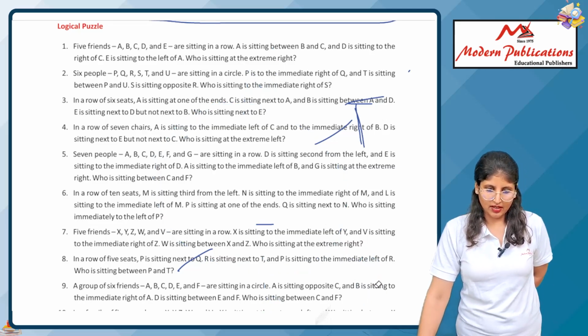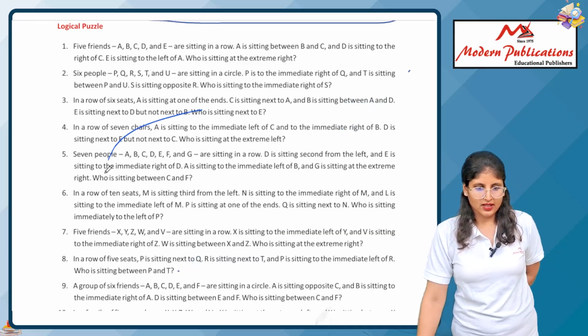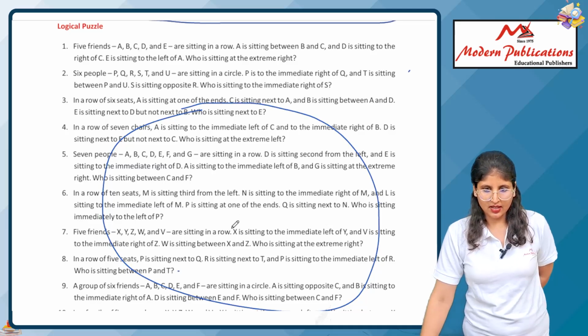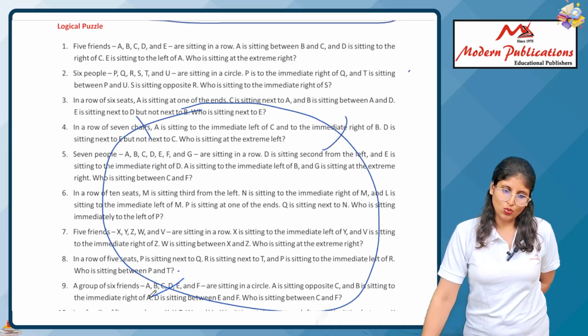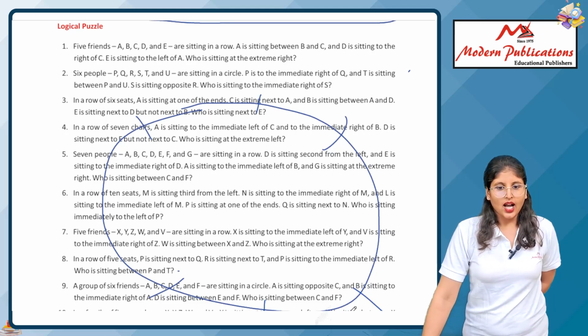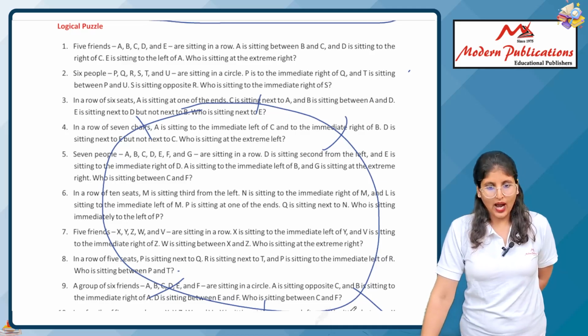Here we will make a circle like this. 6 persons are there, so we will write 1, 2, 3, 4, 5 and 6. P, Q, R, S, T, U are sitting in a circle.